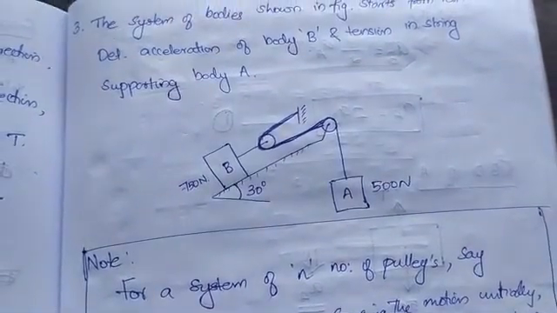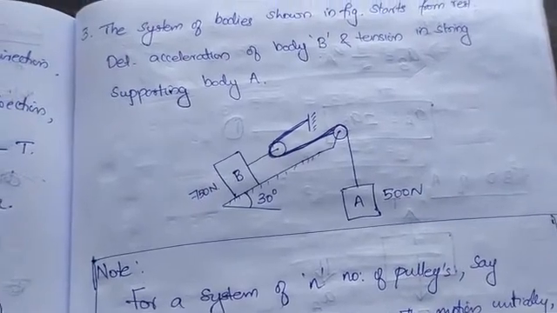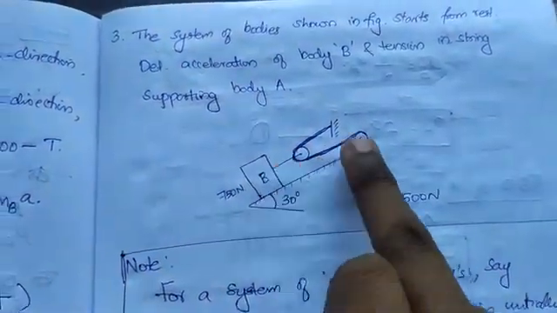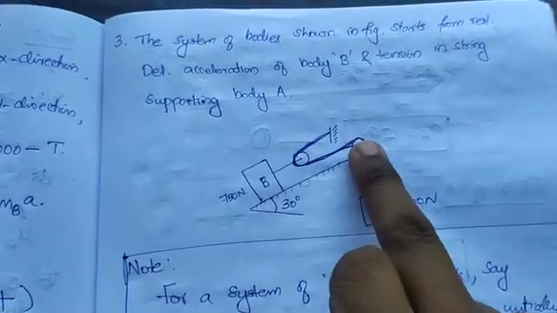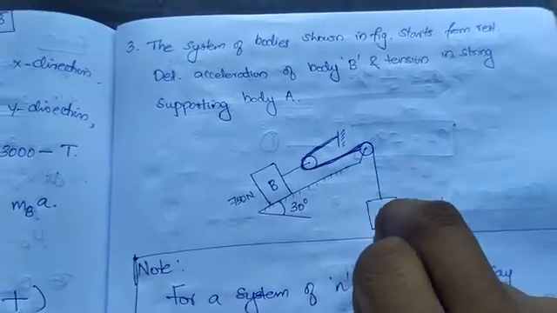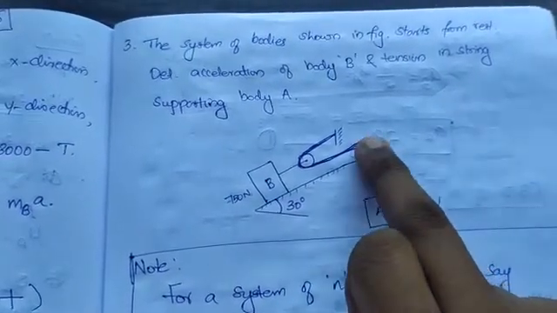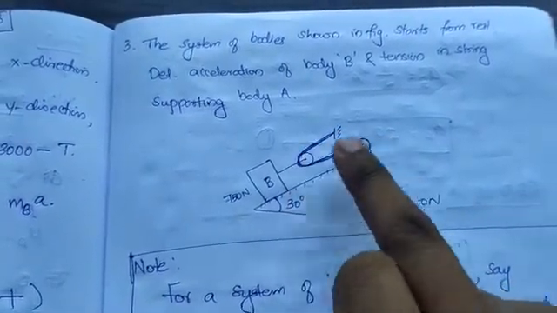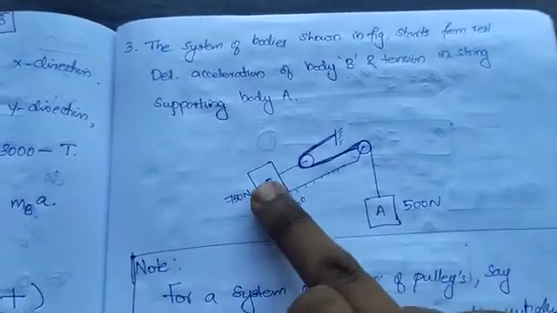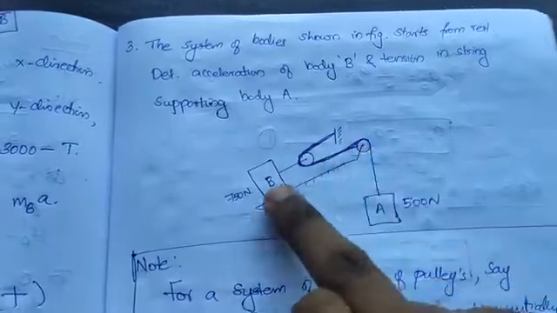This is getting more interesting because here you are having two pulleys, and A will have the effect of two pulleys, such that if A is moving downwards, B will have the effect of two pulleys here.